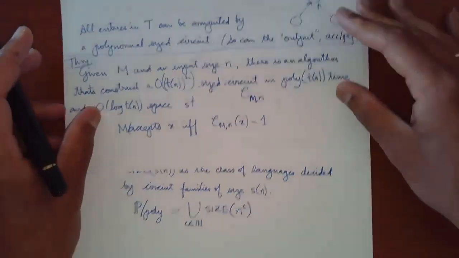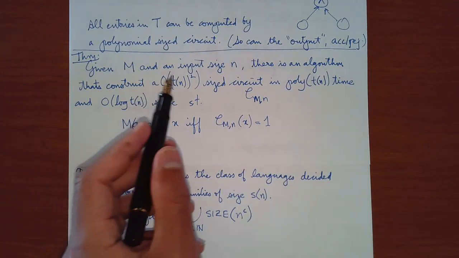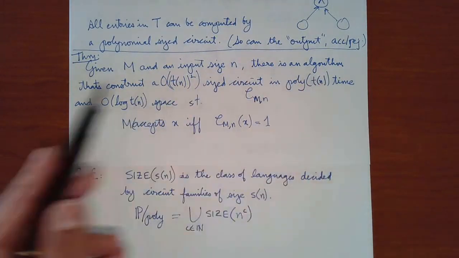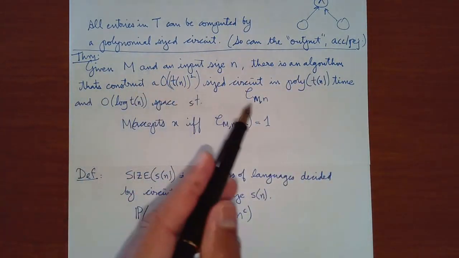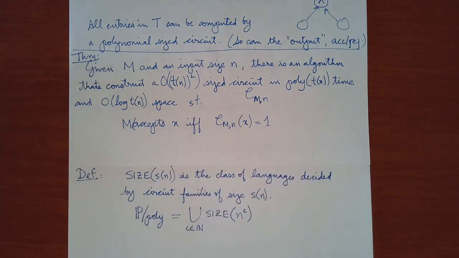Let's go back to this theorem that we talked about, which is the Cook-Levin construction. It says given M and an input size n, there's an algorithm that constructs a circuit of size t(n) squared in this much time such that this happens. So what does this theorem imply in terms of P/poly?